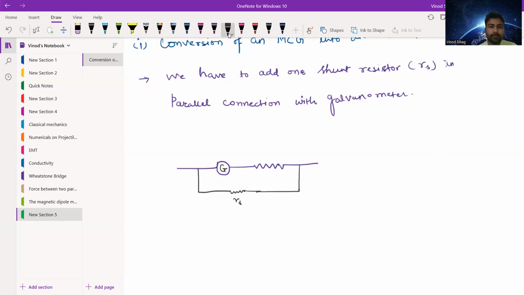So this whole setup will be called an ammeter. And we can box it out also, so we will not get confused about how much portion will be called an ammeter. The whole setup of the galvanometer, where one shunt resistance is connected in parallel with the galvanometer, will be called an ammeter.